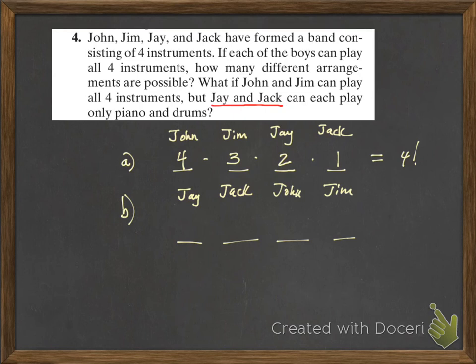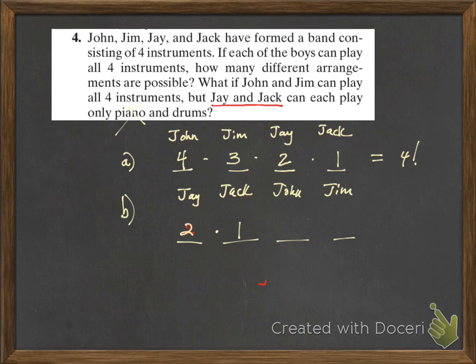So a way to think of this is that Jay has 2 choices, either piano or drums. Once he's selected, let's say, piano, then now Jack only has 1 choice. Now, even though John and Jim can play any of the instruments, they're restricted by what Jay and Jack can play.